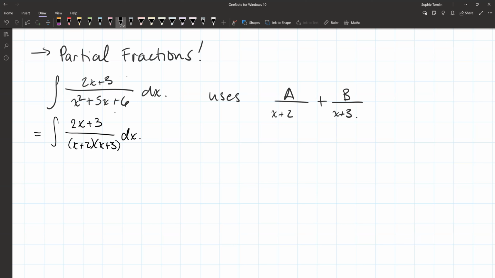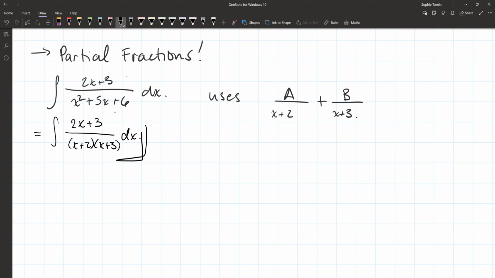To find what two numerators we had when we put this over the same common denominator, we're going to use these two fractions: a over x plus 2 plus b over x plus 3. We're going to come back to this integral in a minute.